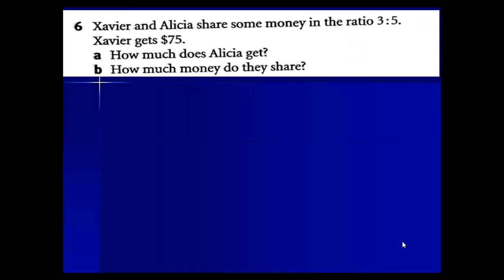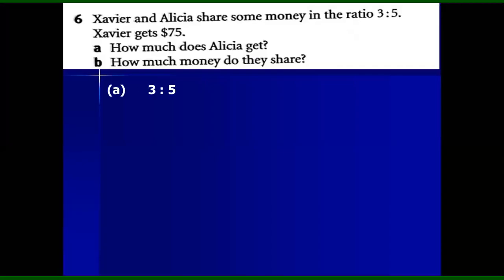I will divide 75 by 3, which is 25. Now 25. How many parts for Alicia? 5 times 25. Good job. 125.